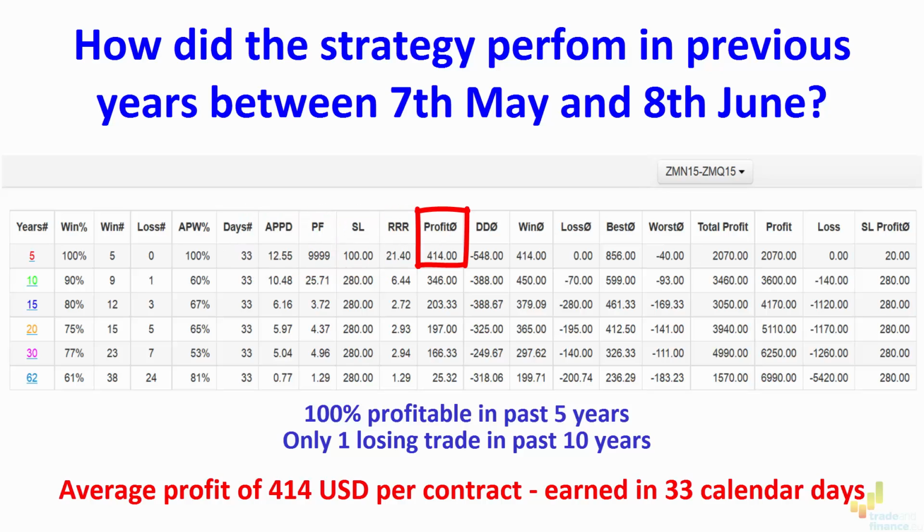During the past 5 years, there was an average profit of $414 per contract. This profit was made in 33 calendar days. It means that this year we can expect to get a similar profit from this trade.